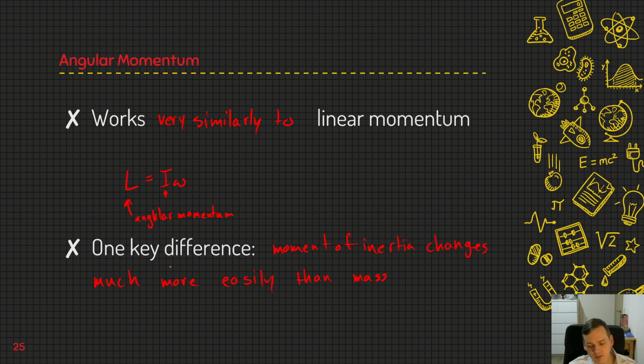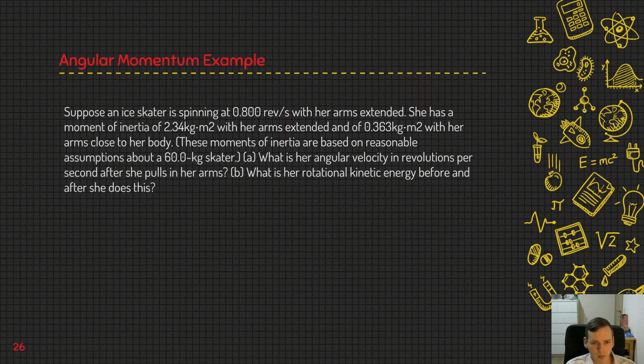And so that's the key difference with angular momentum: both of these quantities can change, whereas with momentum, it was really just the velocity changing. So back to that classic example, suppose an ice skater is spinning at 0.800 revolutions per second with her arms extended.